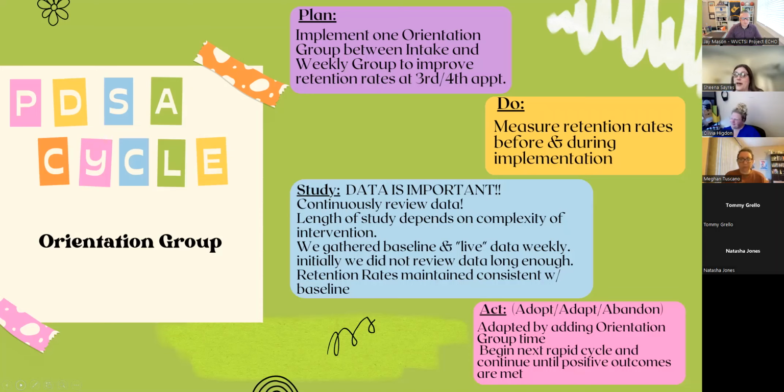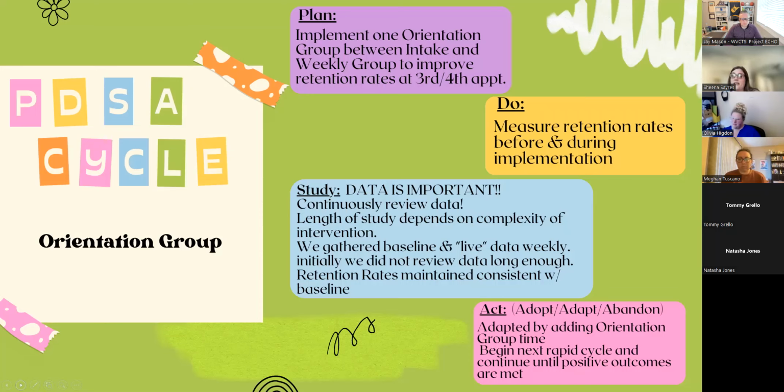So we had to go back and look at baseline data. We had to pull all of the data from 3 months prior to implementing the orientation group. And then we started looking at current data as live as possible, because live data is hard to capture.